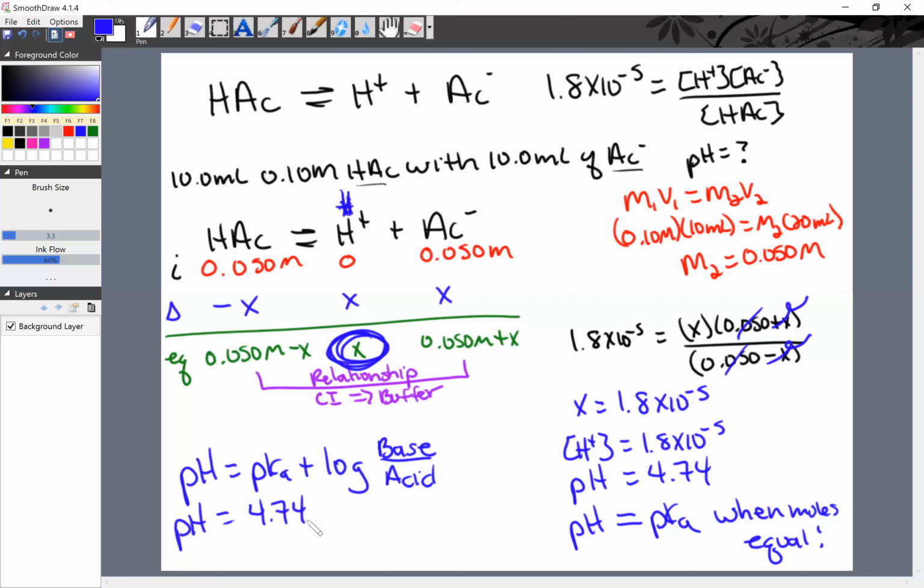We can get that off of the reference sheet, plus the log of the 0.050 divided by 0.050. And because they're the same, the pH is the same as the pKa because this becomes the log of 1, and that goes away as 0. That's where the Henderson-Hasselbalch comes into being.